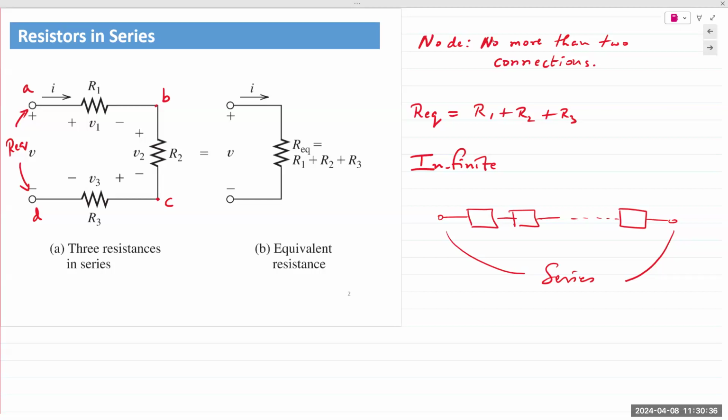Easy enough? Familiar? The current I, logically speaking, of course, has no other pathway except to flow through R1 and then R2 and R3, which means the current is the same for all components in a series connection.